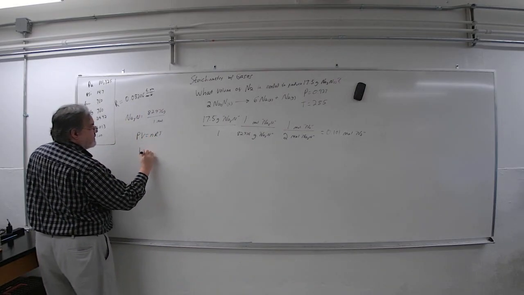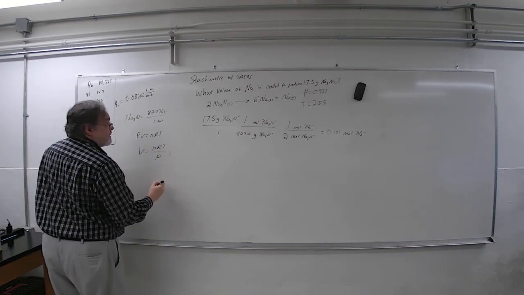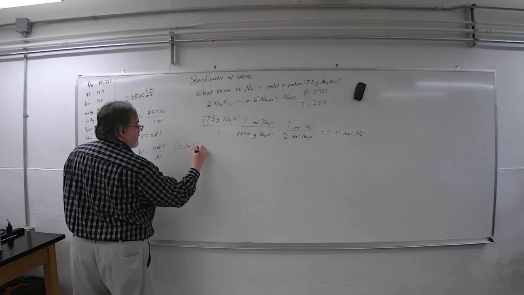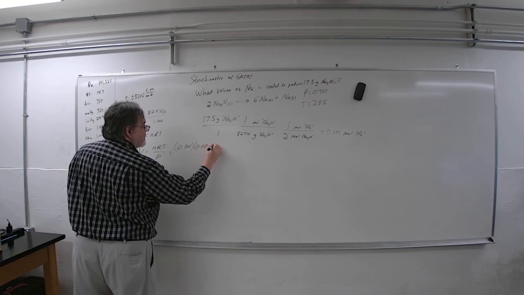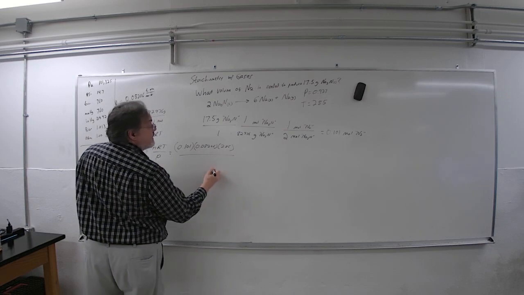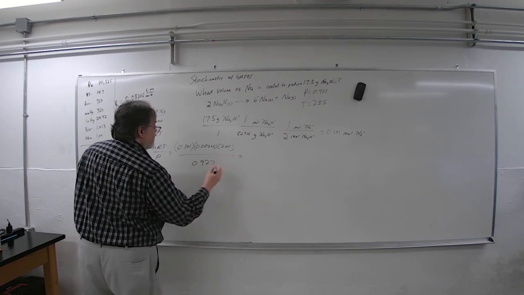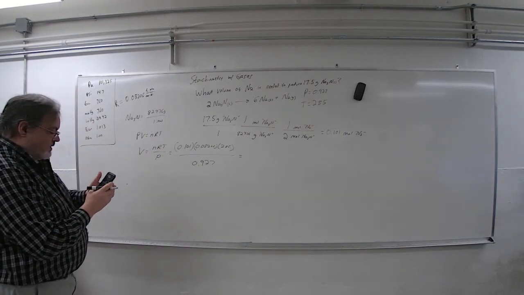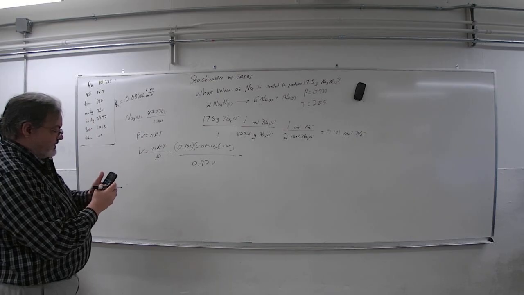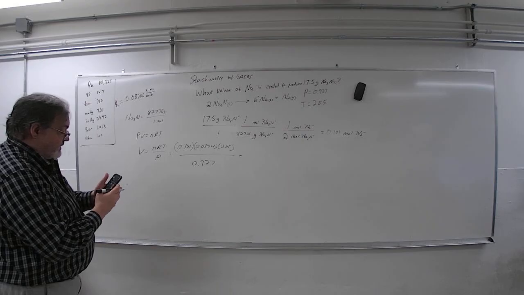To solve for volume, the moles was 0.101, R is 0.08206, temperature is 285, and the pressure is 0.927. 0.101 times 0.08206 times 285 divided by 0.927.